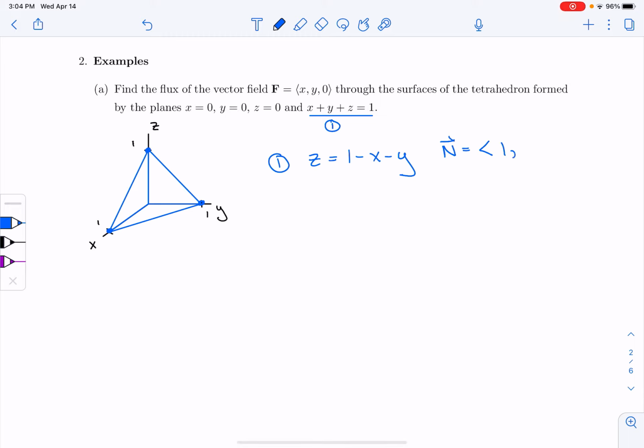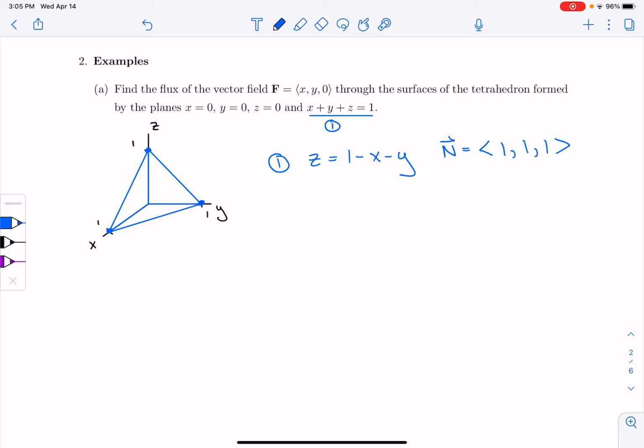You can see it's 1, 1, 1. But you can also see that by taking the derivative of z with respect to x, which is negative 1, and then multiplying that by negative 1, or doing negative the derivative of z with respect to y, which is negative 1, or 1, and then finally the third component is 1.